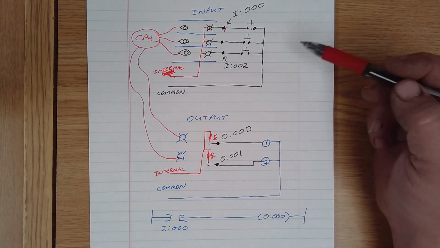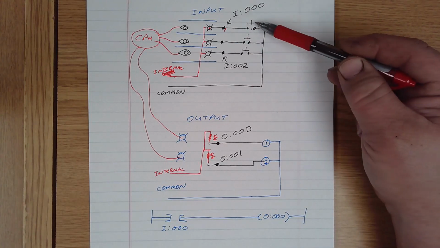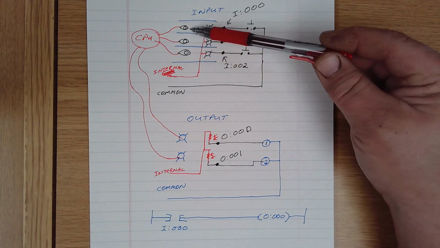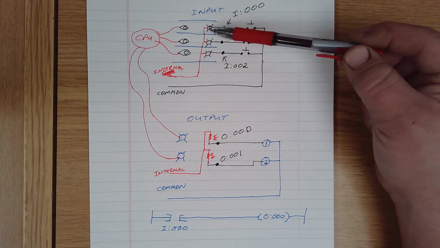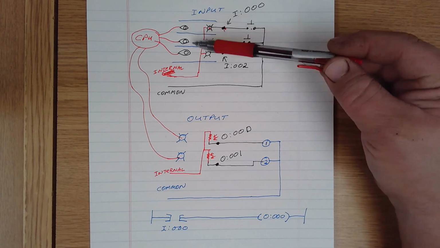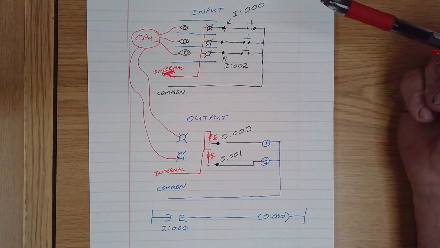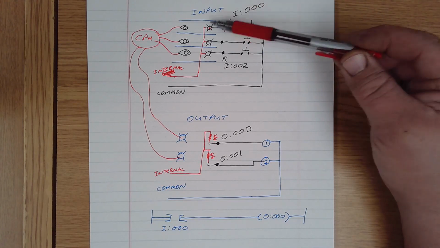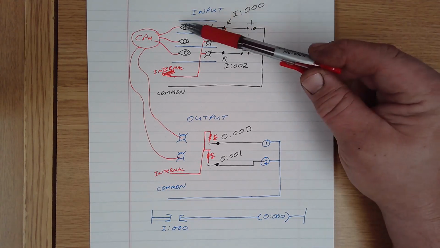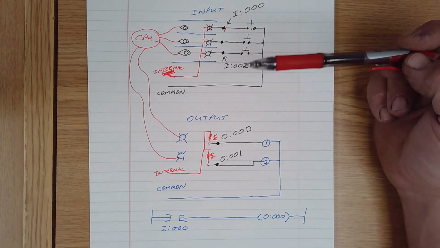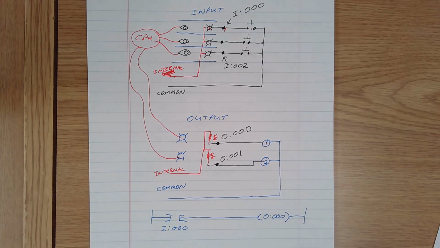There's no way that the current traveling through any of your field devices can get back to the CPU, because the CPU is just using this opto isolation. It's just looking for what the status is of these devices. Once the eye sees this light up, it tells the brain that input is now true, and the CPU does with it whatever the program tells it to do.